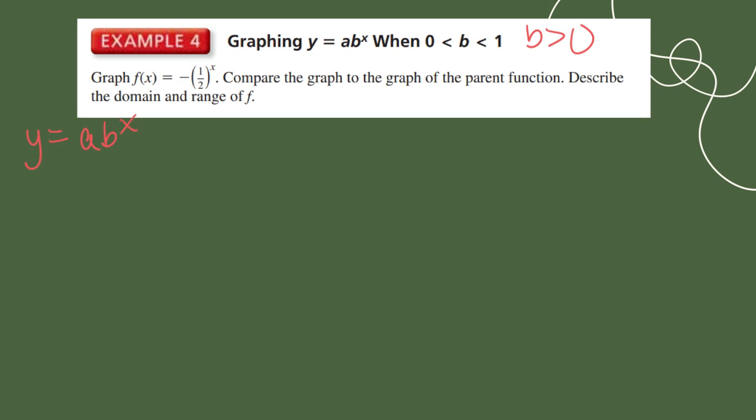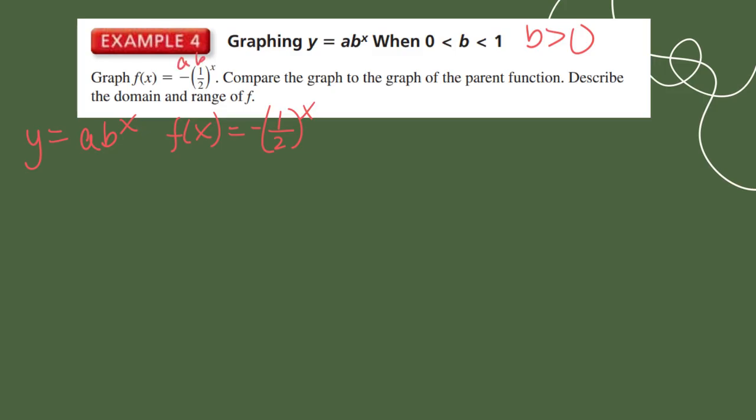My a here is negative what? My a is represented by a negative sign, because we have f of x equals negative half to the power of x. We know that a is represented by a negative. b is half. So this is a and b.